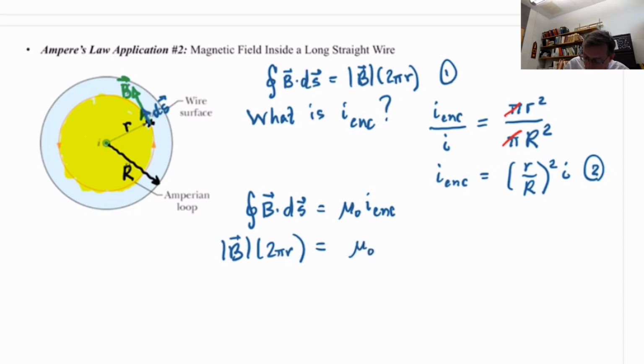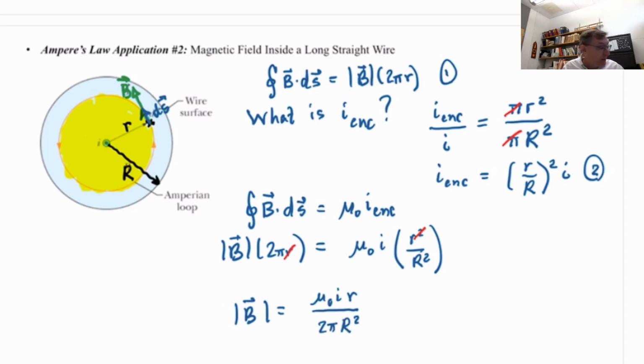Mu 0 I times little r squared over big R squared. And I solve for B. I can divide both sides by 1 factor of little r, and I get B magnitude equals mu 0 I little r over 2 pi big R squared. And this is valid anywhere inside the wire.